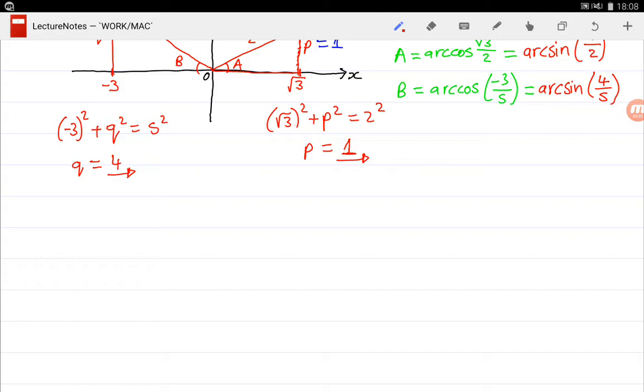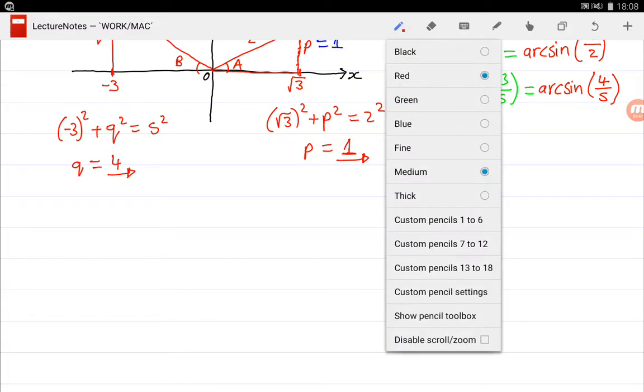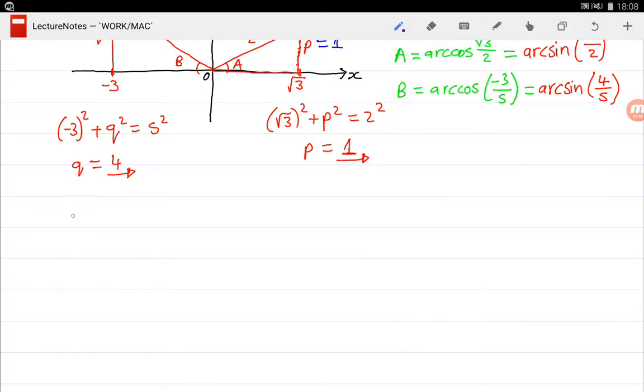Okay, so I'm just going to write the question again here. Sine of arc cos of root 3 over 2 plus arc cos of minus 3 over 5. Okay, that looks very decent.